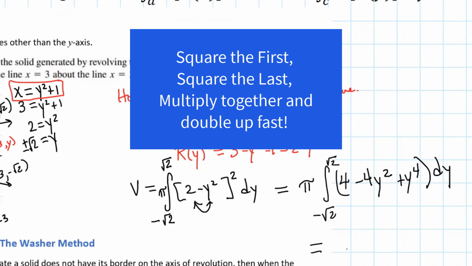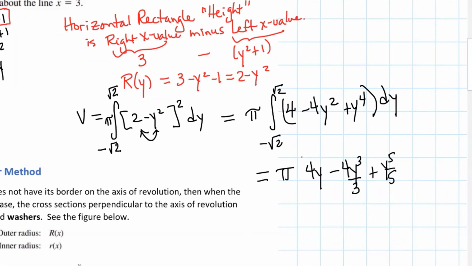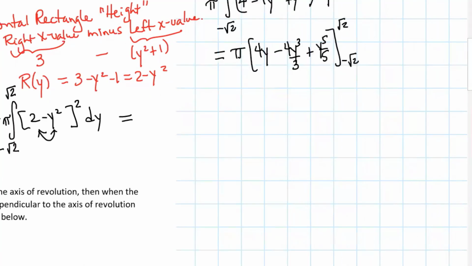So now we're going to integrate. We're going to have 4y minus 4y cubed over 3 plus y to the 5th over 5, evaluated from negative root 2 to root 2. And the rest is arithmetic. So we have pi times 4 root 2 minus root 2 cubed, which is 2 root 2, so that's 8 root 2 over 3, plus root 2 to the 5th power, which is 4 root 2 over 5.